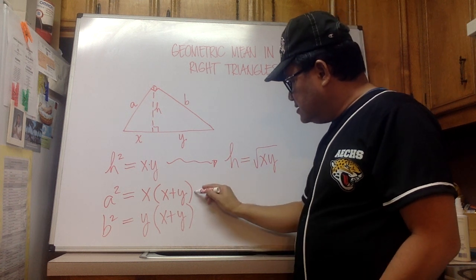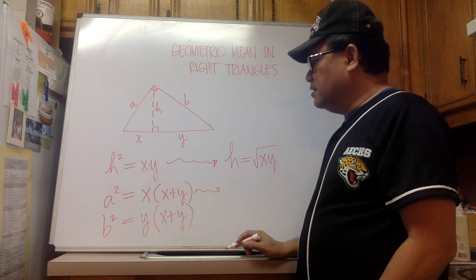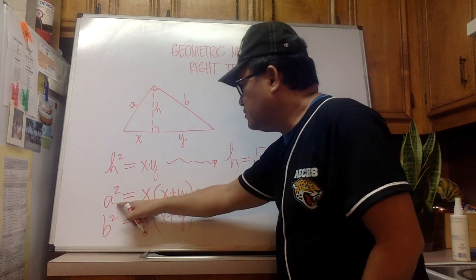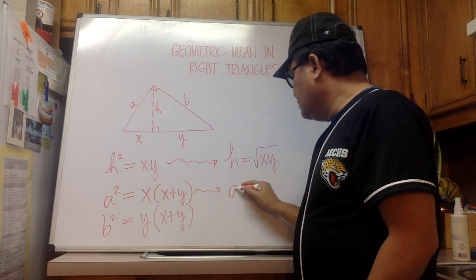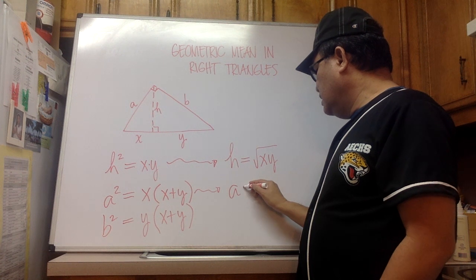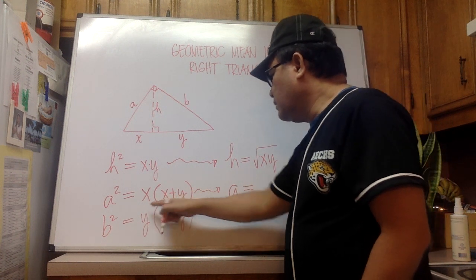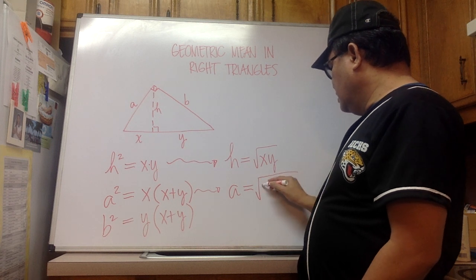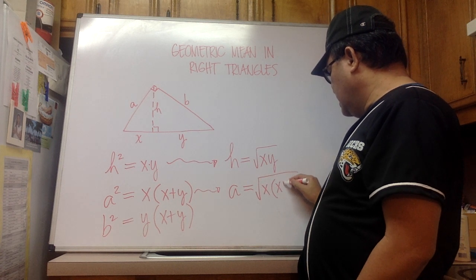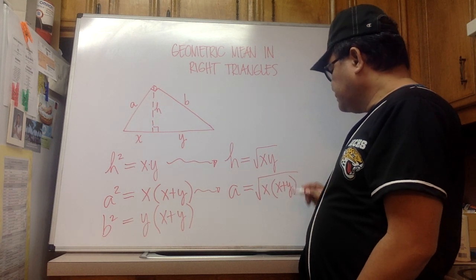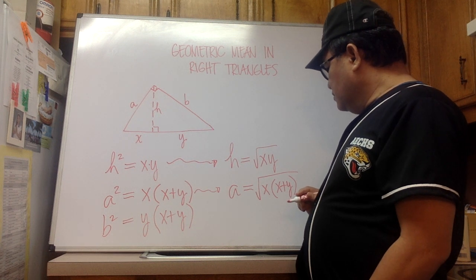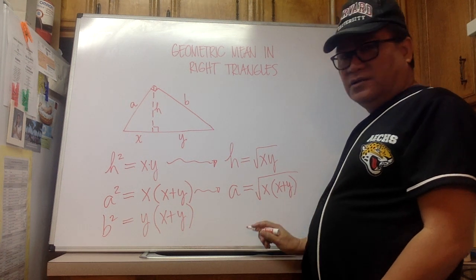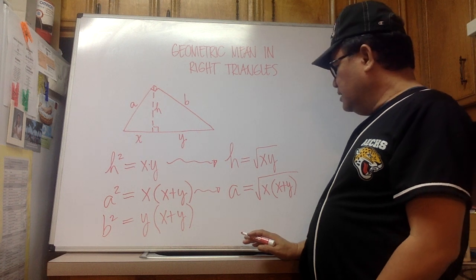Now let's take a look at this second equation. If I take the square root of this, that will just leave us with an a. And if I take the square root of this, it will give me the square root of x times x plus y. So that one also looks familiar, right?